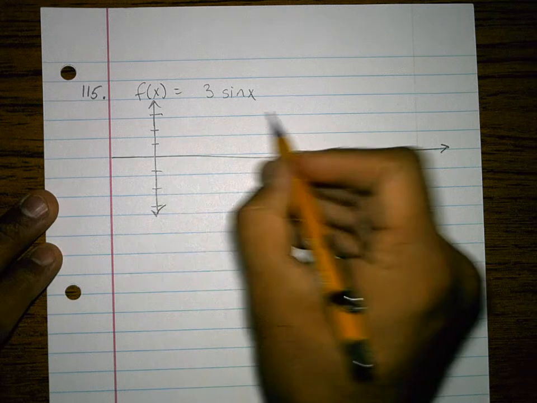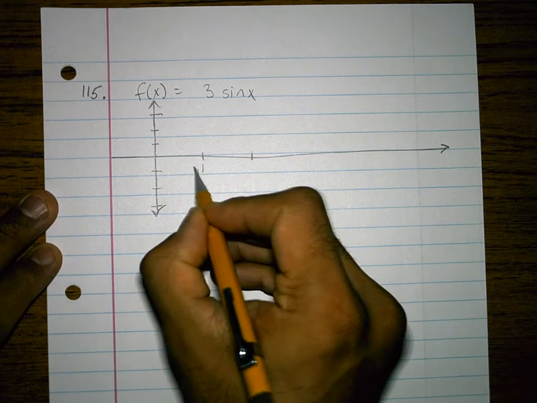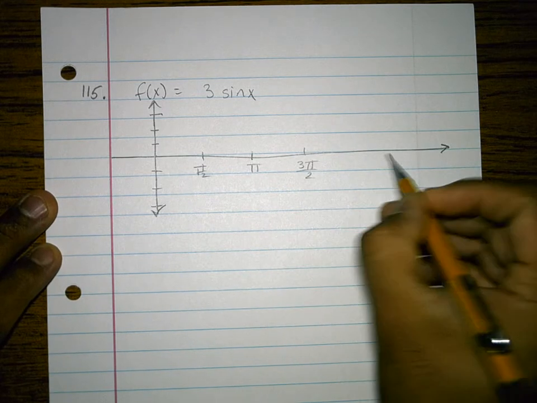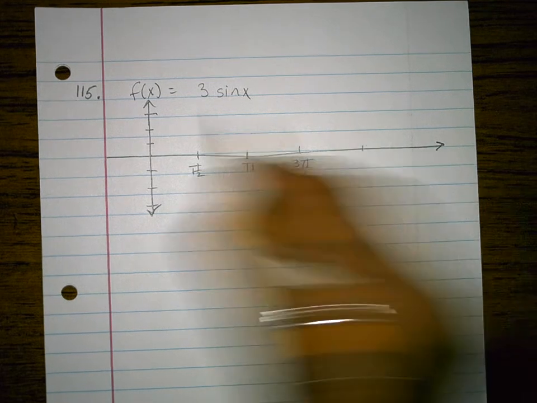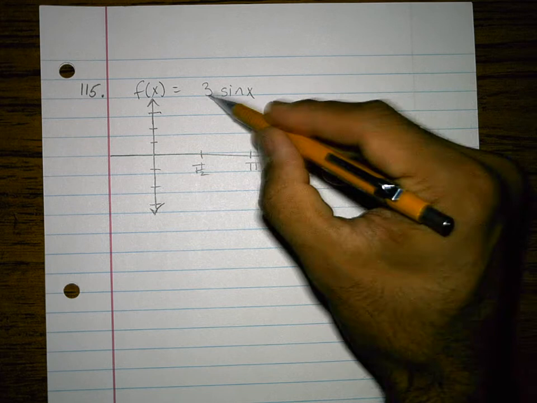So this is the sine curve, and when I look at it, hopefully I realize that there's no period change or phase shift, horizontal translation, which is usually the biggest issue. Okay, so really all I have is an amplitude change.